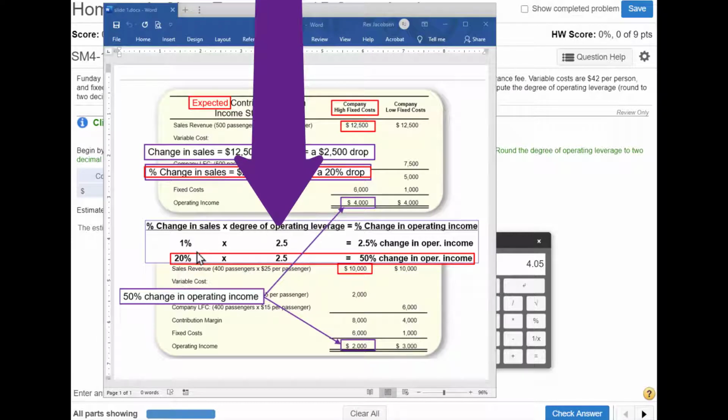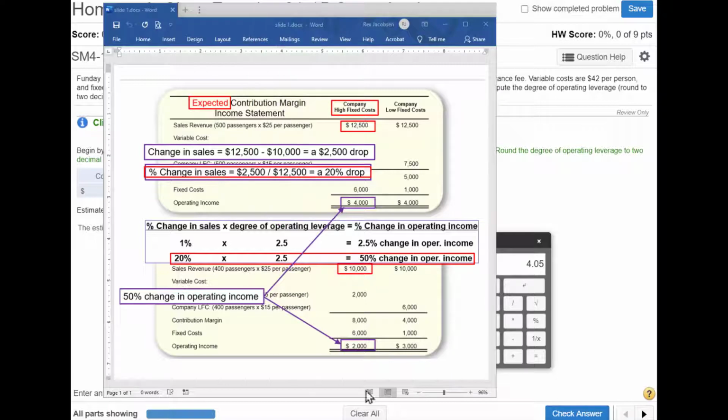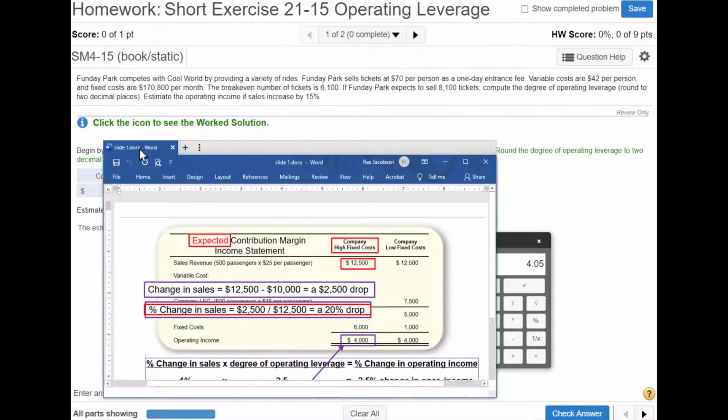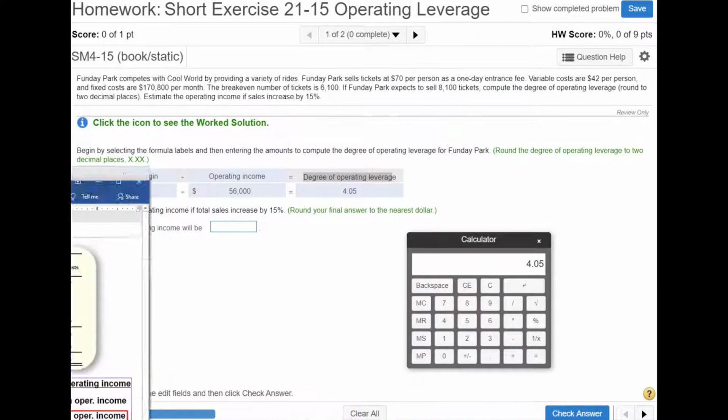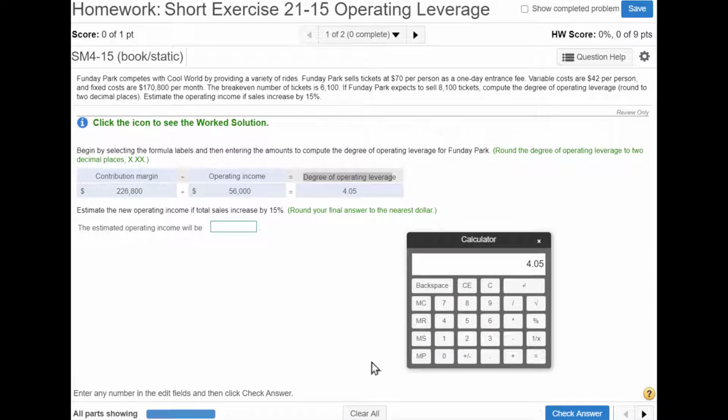If we multiply that by the percentage change in sales, that gives us our percentage change in operating income. Again, percentage change in sales times the degree of operating leverage gives us the percentage change in operating income. So our percentage change in sales, positive 15%, times our degree of operating leverage, 4.05, gives us the percentage change in operating income.